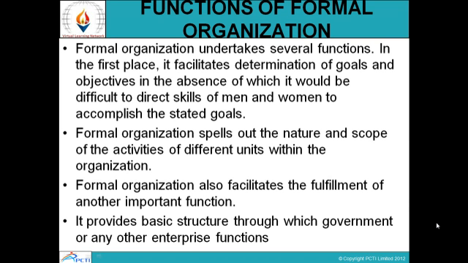It is always related to how to come up with new ideas, how to come up with different units and different work. You have to identify the nature and the scope, in what business you are and how you can expand this business. At the same time, formal organization facilitates the fulfillment of other functions also. This is to identify each and every function and each and every department of the organization.